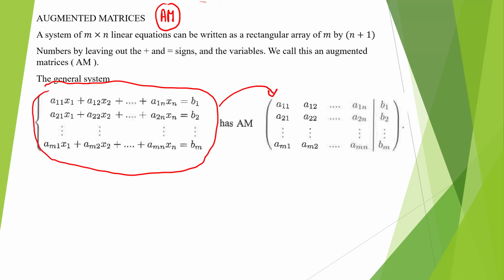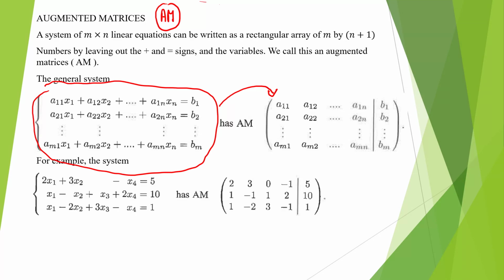We just take only the coefficients of our system and write them in a rectangular array, or in brackets. For example, with this system of linear equations, we can convert it to the augmented matrix. We write only the coefficients of the variables into the brackets. This is called AM.